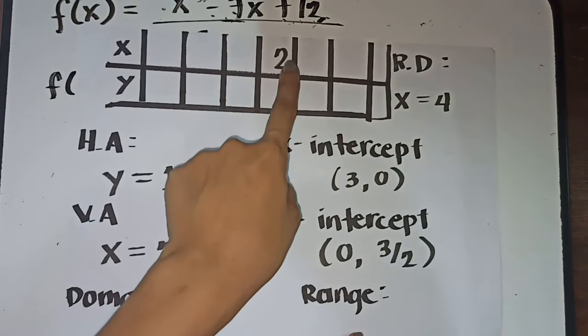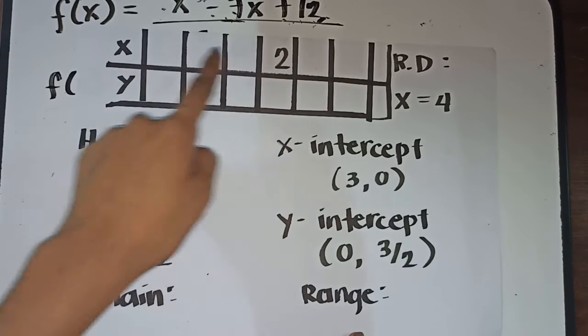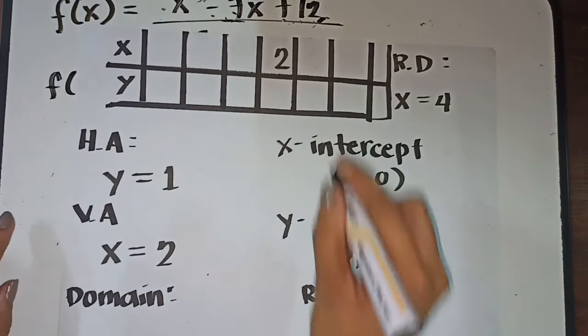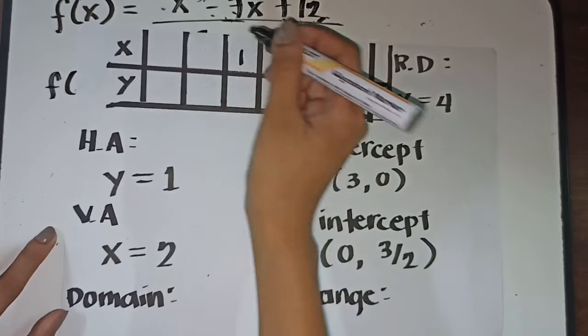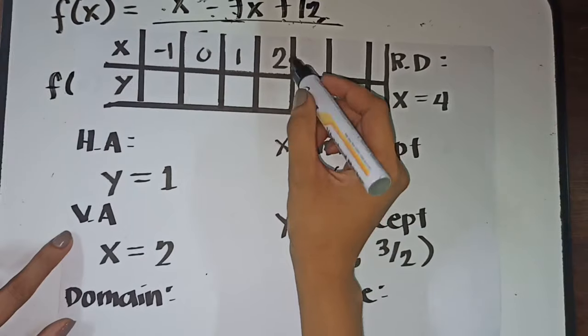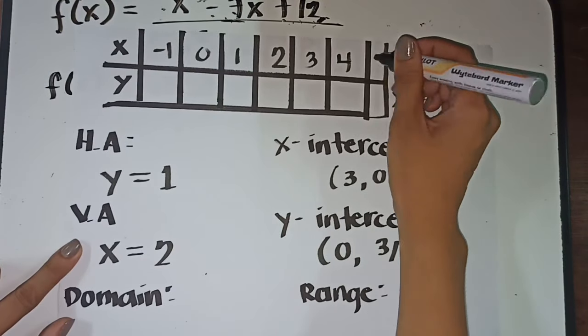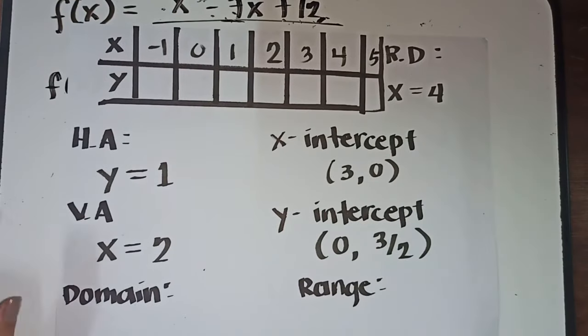And next is bilang pakaliwa at bilang pakanan. So 2, 1, 0, and negative 1. So, positive 2, positive 3, positive 4, and positive 5.